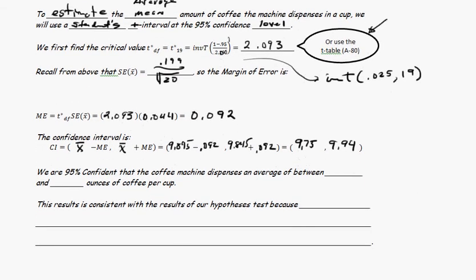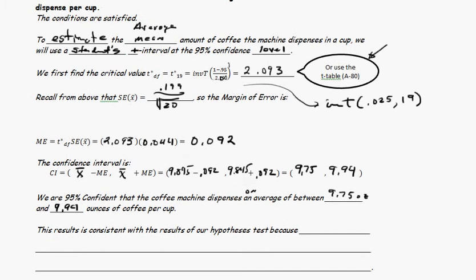Okay, so we are 95% confident that the machine dispenses on average between 9.75 ounces and 9.94 ounces of coffee per cup. This result is consistent because it's less than the hypothesized value.